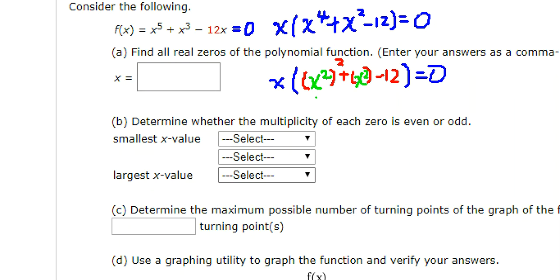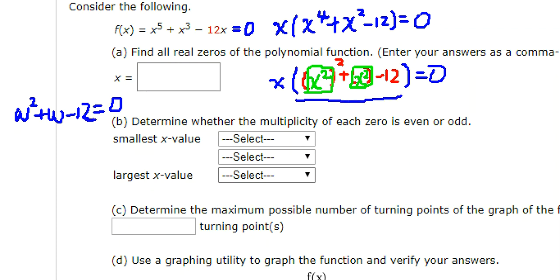So if you imagine that, think of that something that's inside as another variable, say w, and this is what you have. W squared plus w minus 12 equals 0. That's the parenthesis, right? Okay.